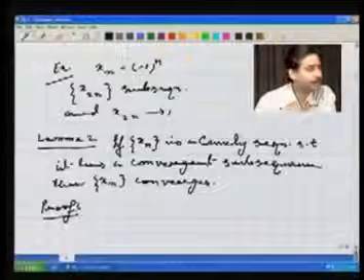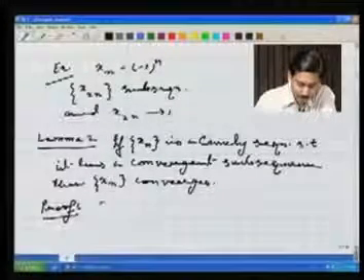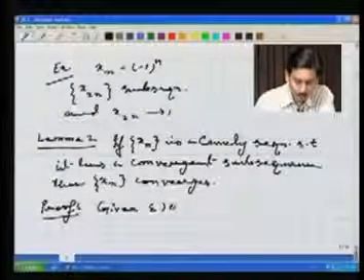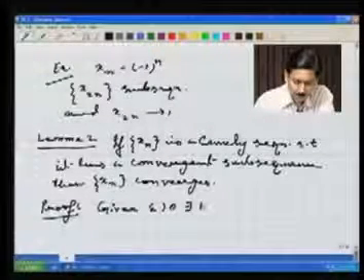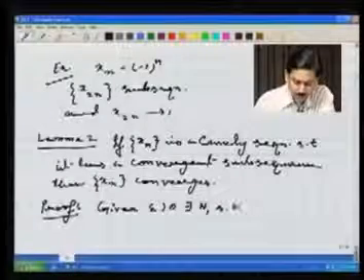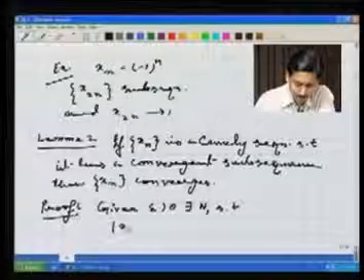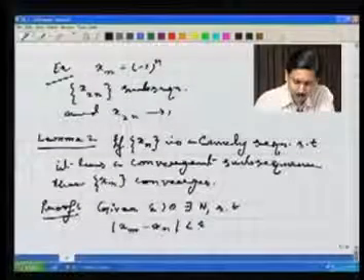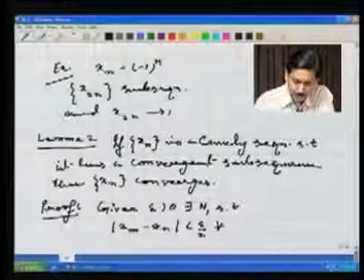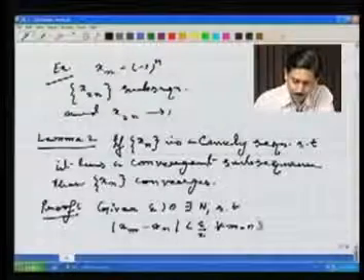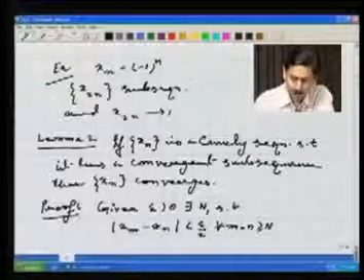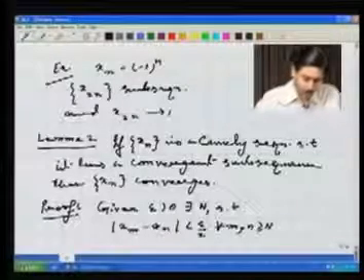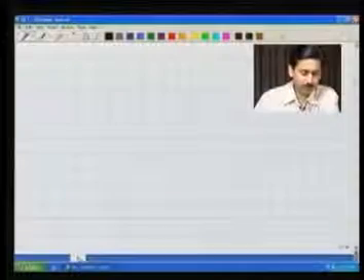So first I write down the definition of Cauchiness again: given epsilon bigger than 0, there exists a stage n1 such that |xm minus xn| is less than epsilon by 2 for all m, n bigger than or equal to n1. This is just the definition of Cauchiness of the sequence. Now let's go to a convergent subsequence.